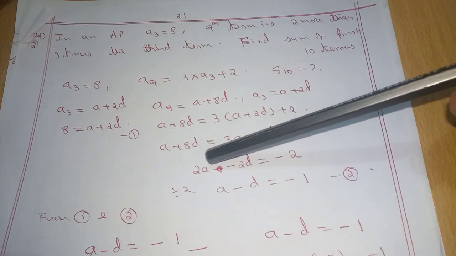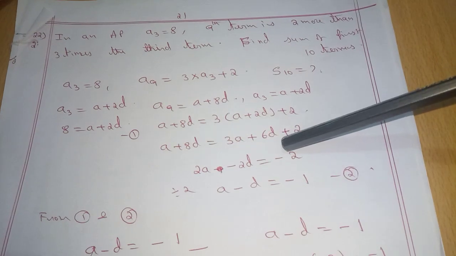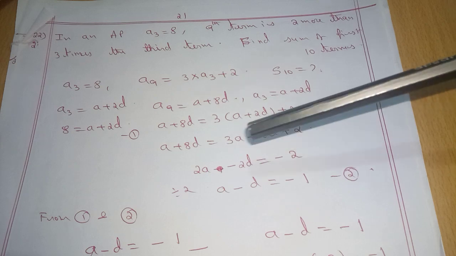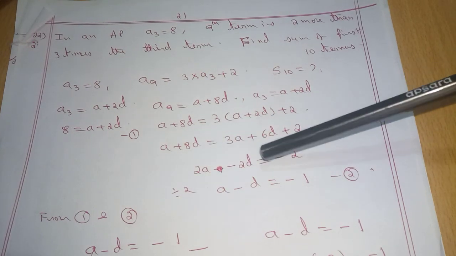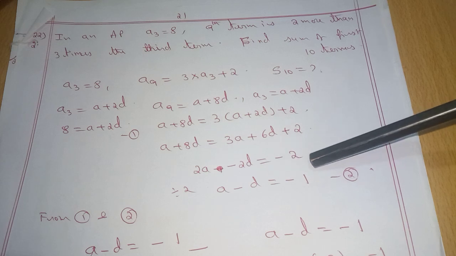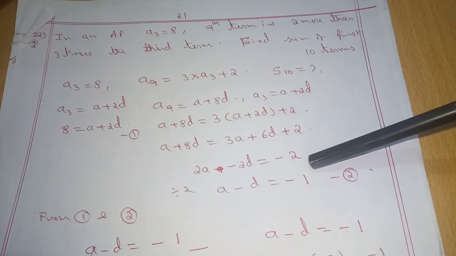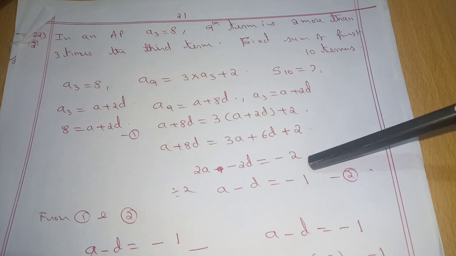Then throughout the equation 2 is the common term. We will divide by 2. We will get A minus D is equal to minus 1.